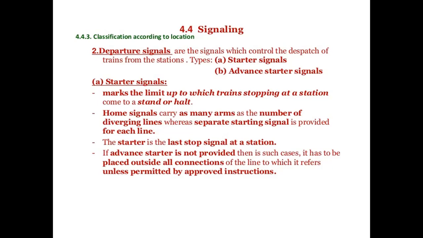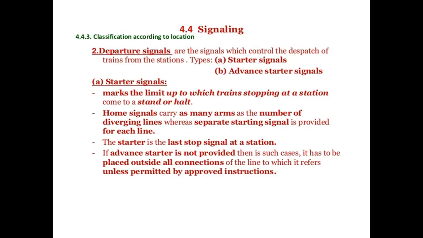whereas a separate starting signal is provided for each line. If we have a number of diverging lines from the station, then the home signals can have as many arms as the number of diverging lines.